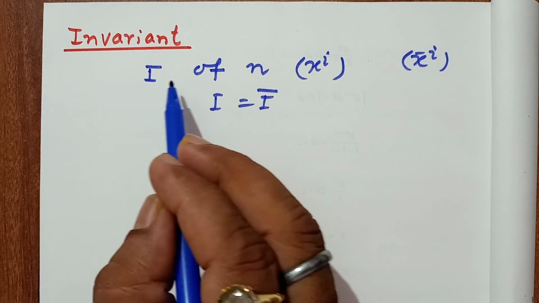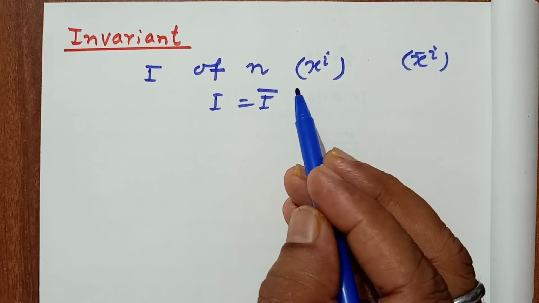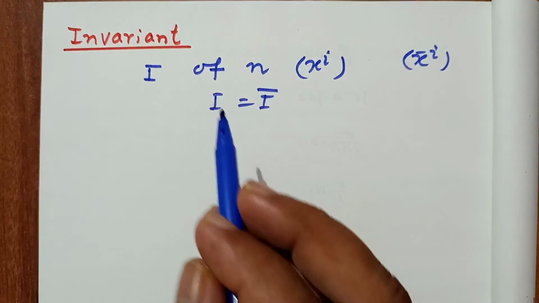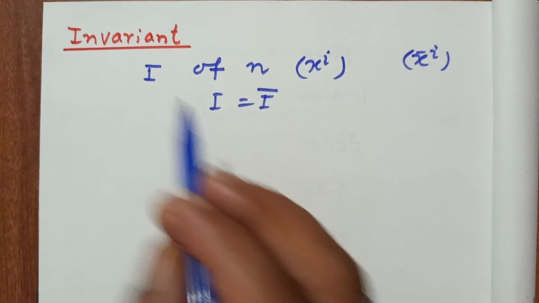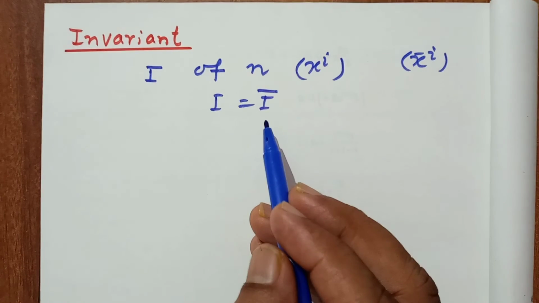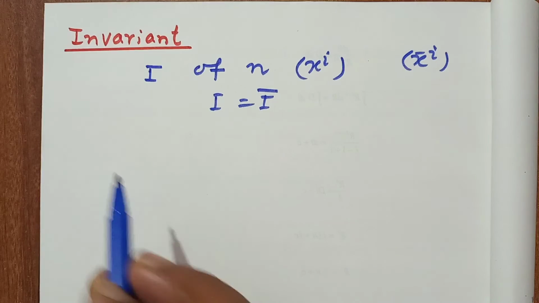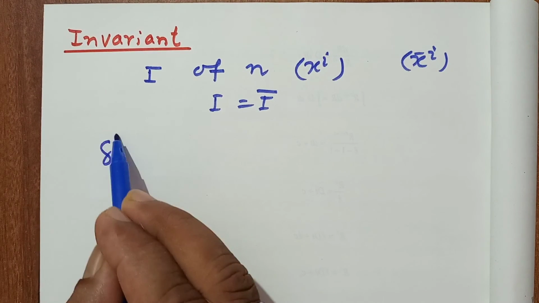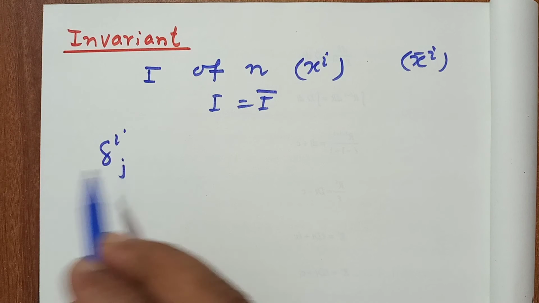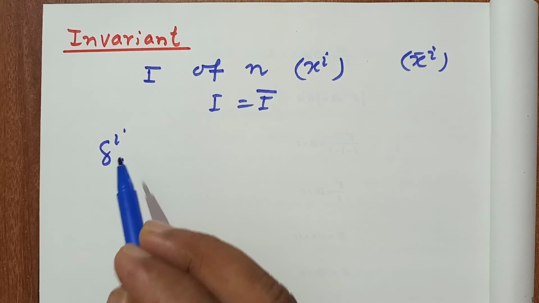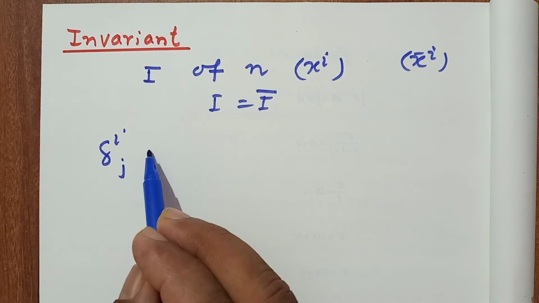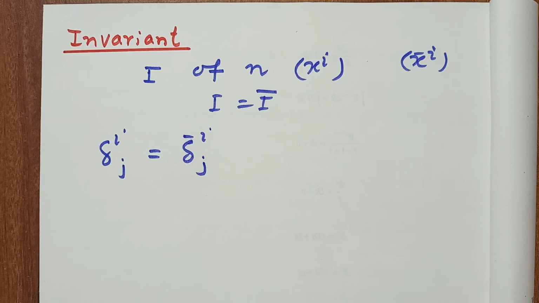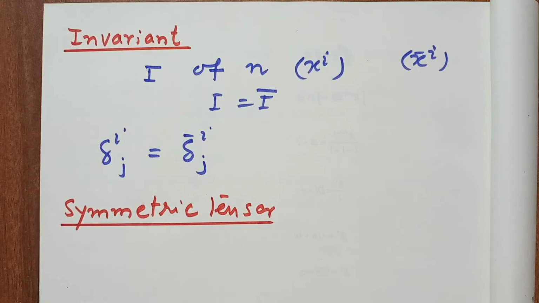An invariant is also called a tensor of rank 0. An invariant is nothing but a scalar quantity. A very important example: the Kronecker delta i j is an invariant, since Kronecker delta i j is equal to Kronecker delta bar i j. Okay, so this is invariant.